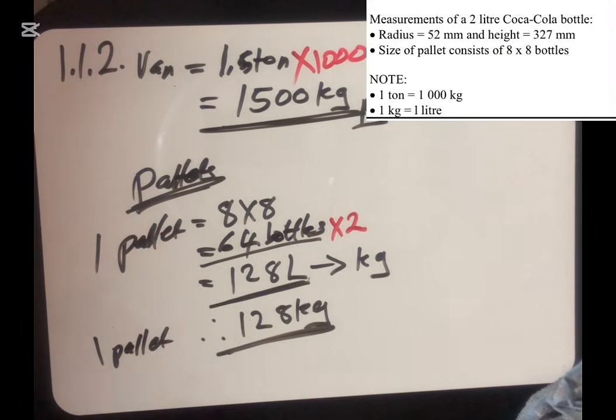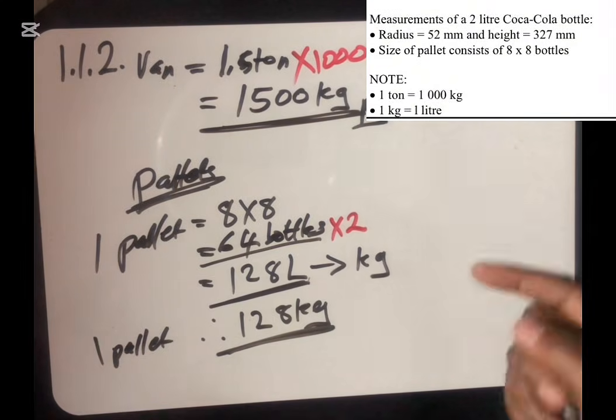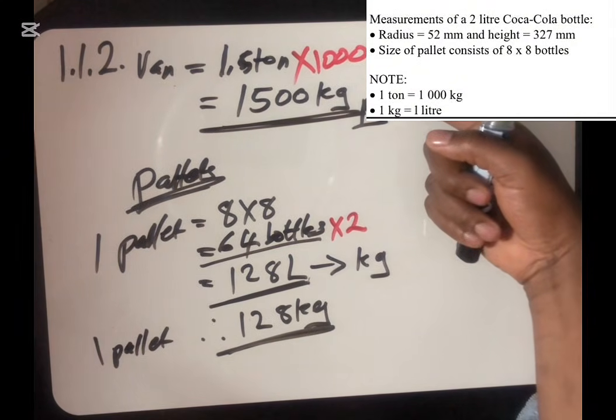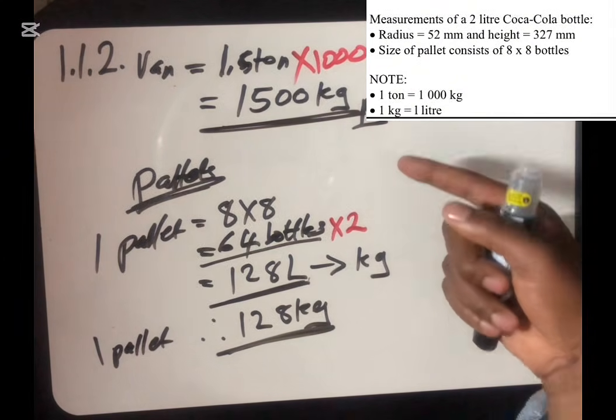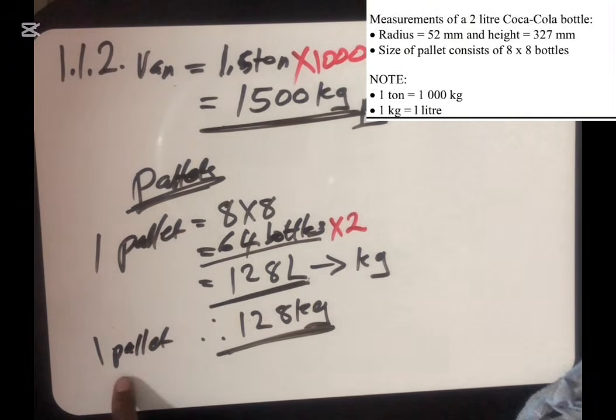And then this van can only accommodate 1,500 kg or less. Now we are having one pallet being 128 kg. Let's multiply this by 12.